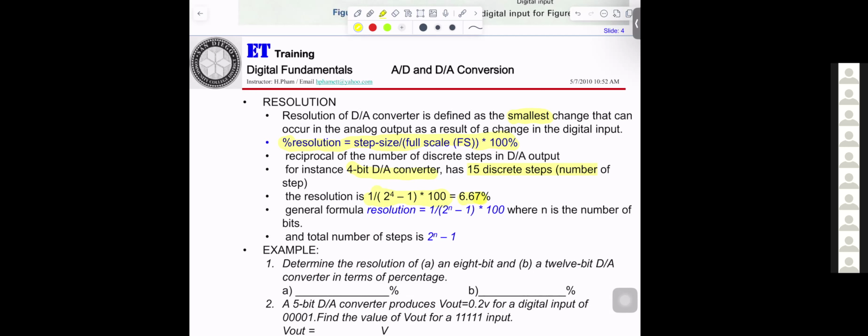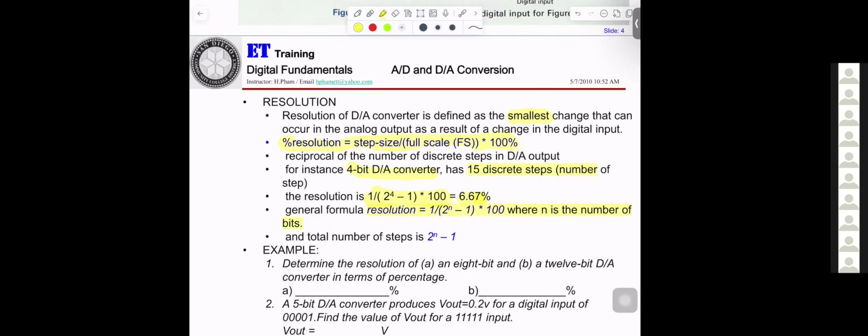General resolution will be calculated by this formula: resolution equals 1 over 2 to the power of n minus 1, times 100, where n is the number of bits.